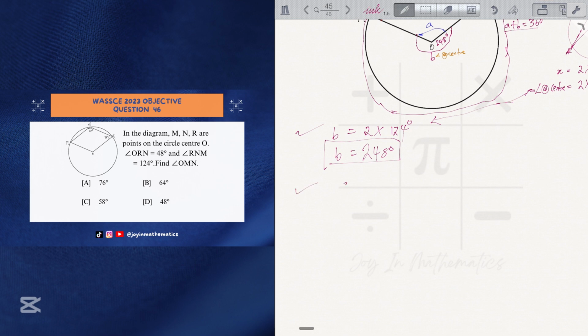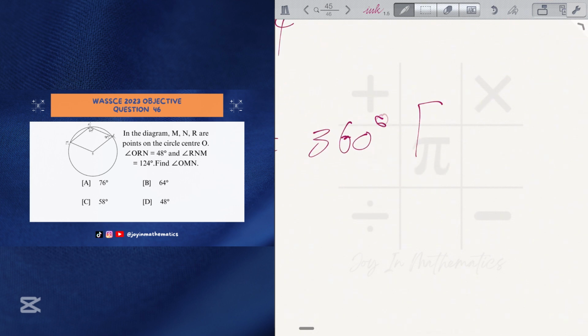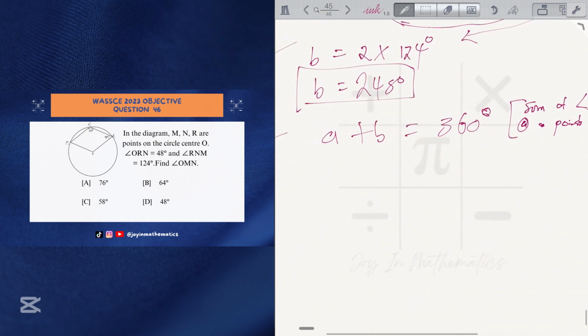A plus B is equal to 360 degrees. Why? Sum of angles at a point. So in view of that, what is A and what is B?